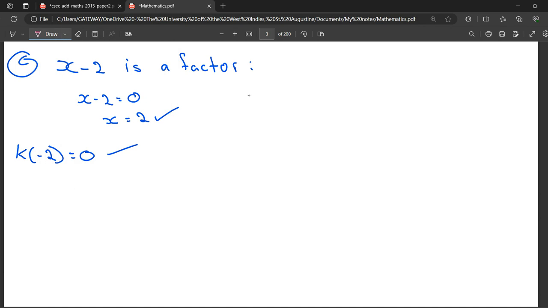So we know that k of x is actually equal to 2x cubed minus 5x squared plus x plus 2, right? So we do the long division.